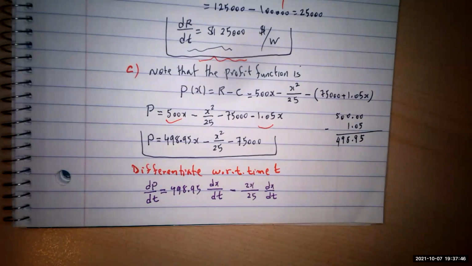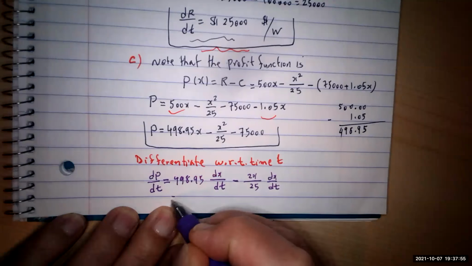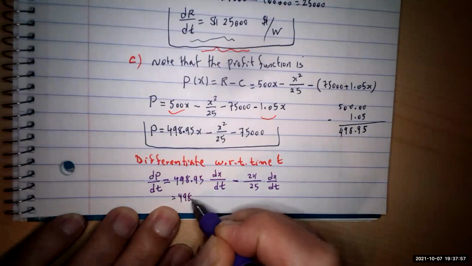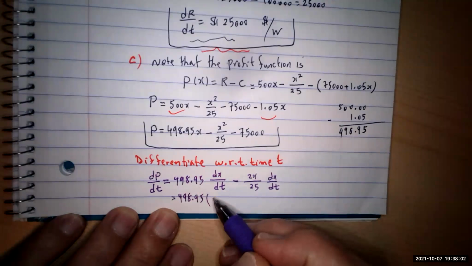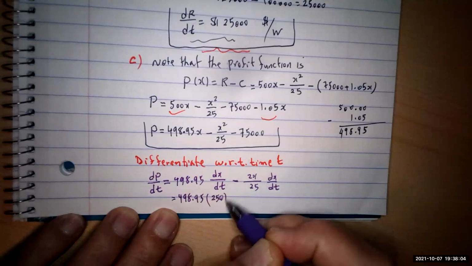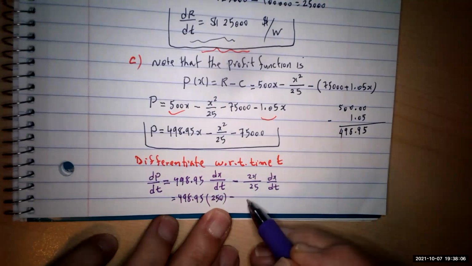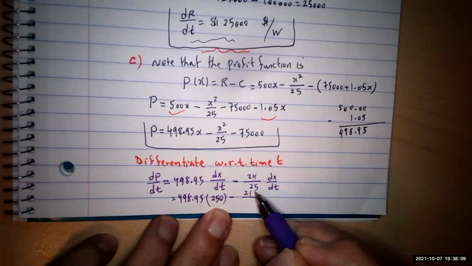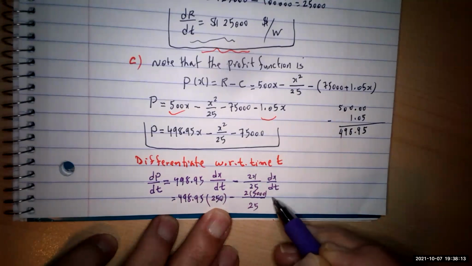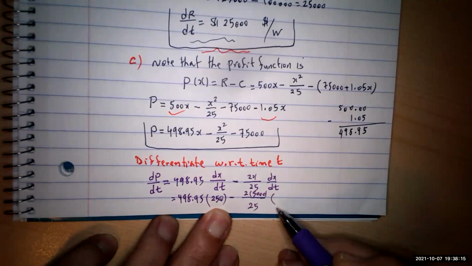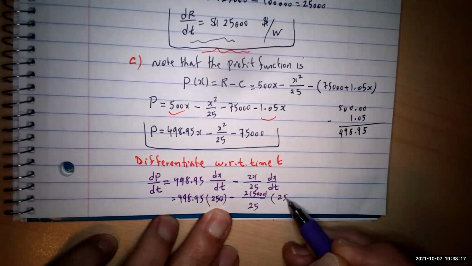Now substitute the rate of change. The rate of x again is 250, as we did before, and x is 5,000. Use your calculator to get this number. So it's 498.95 times the rate of x, which is 250, minus 2 times 5,000 divided by 25 times dx/dt, which is 250.